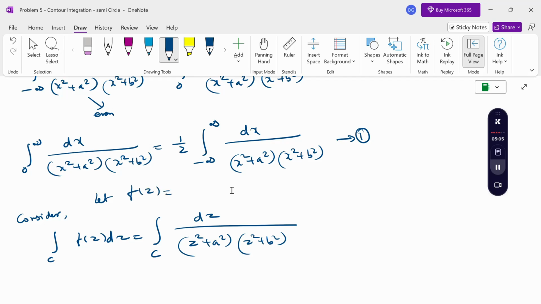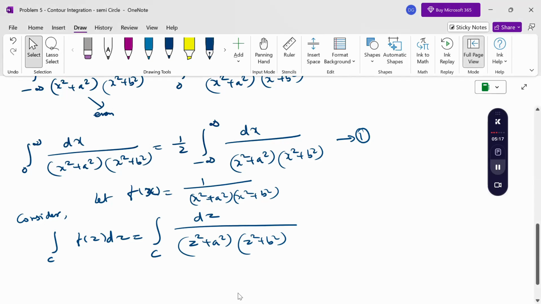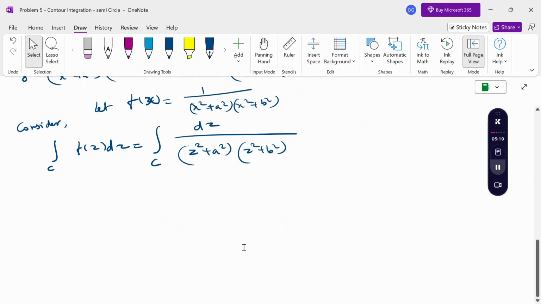F of z equals 1 by (x square plus a square)(x square plus b square); this is f of x. Now consider x to z. Now dz by (z square plus a square)(z square plus b square).